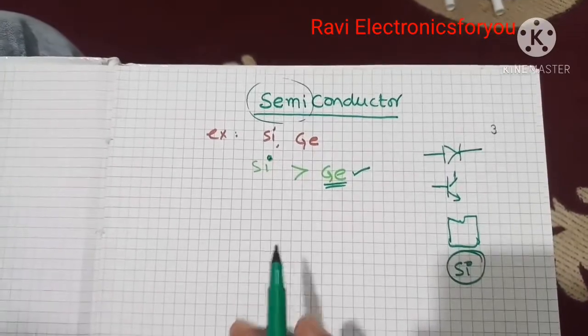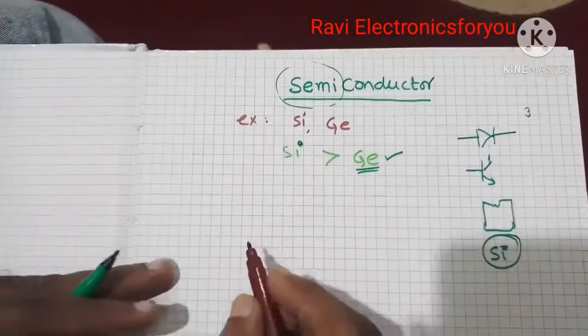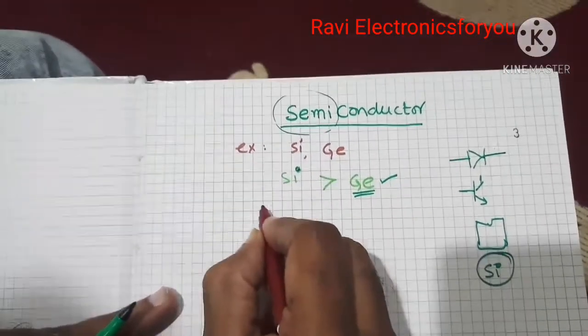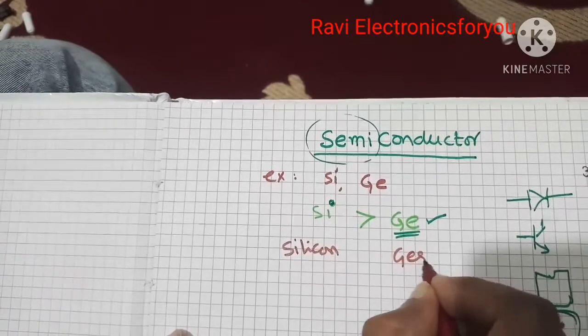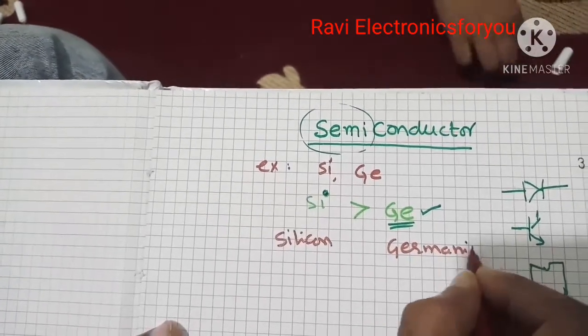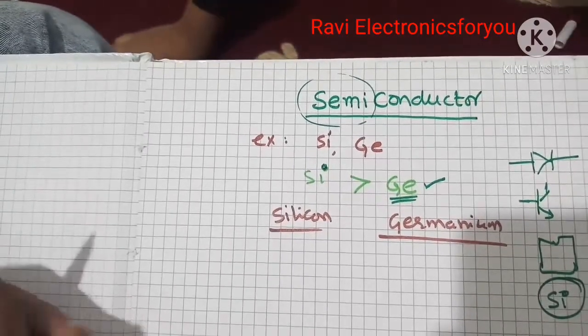For that, we will start from the atomic structure of silicon and germanium. So this is silicon and this is germanium.